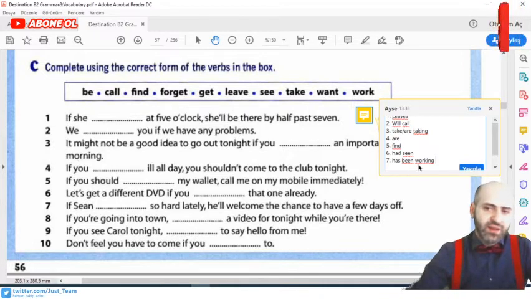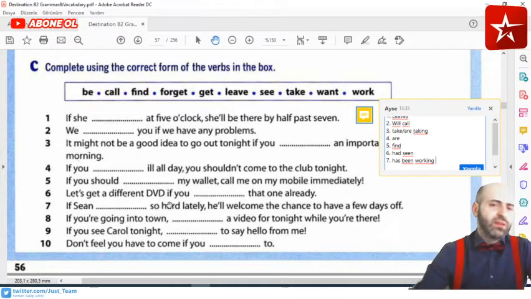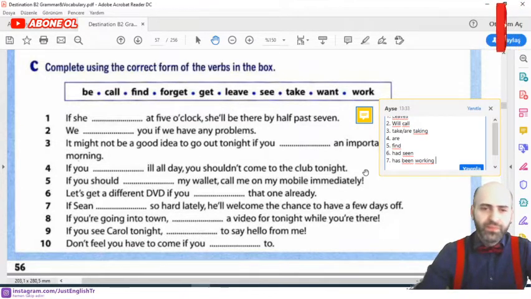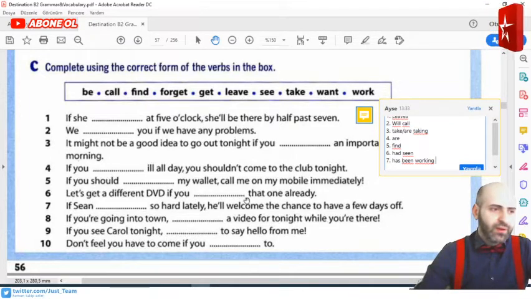I use present perfect continuous because of "lately," okay? If we delete "lately," if Sean works so hard, definitely it will be only "works," okay? Hussein wrote "has worked." This can also be acceptable. Has worked is also okay.